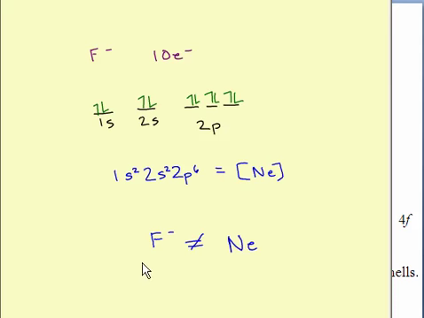It is not. F- still has 9 protons, and it is the protons that define what element we're looking at. So even though it has 10 electrons, like neon, it does not turn into neon because it has a different number of protons.